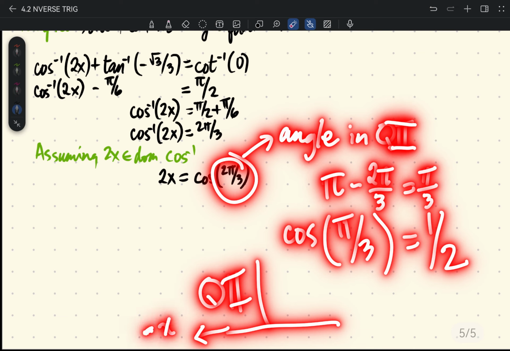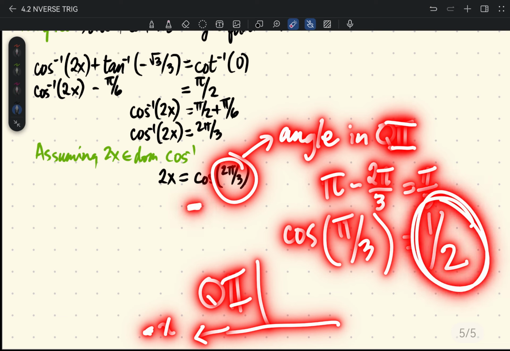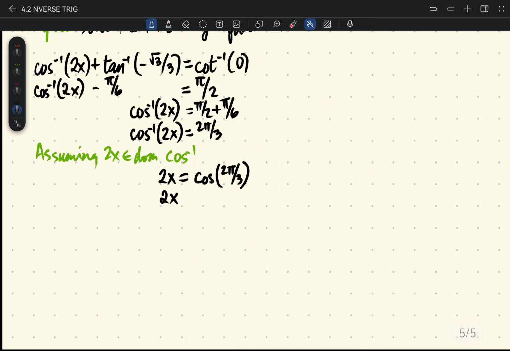And since the x-coordinates are negative, cosine of 2 pi over 3 should be the negative of this one right here. So we have 2x equals negative 1/2. Then dividing both sides by 2, we get x equals negative 1/4. And that's the solution for number 1.